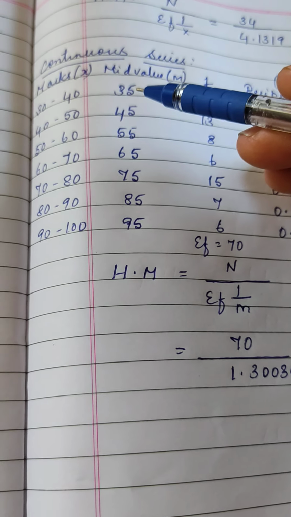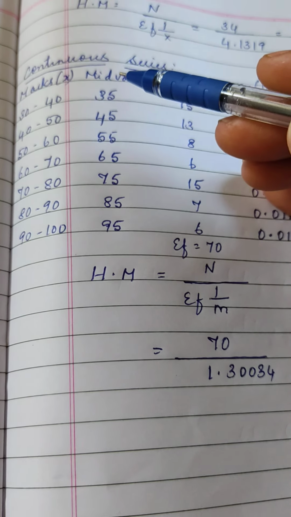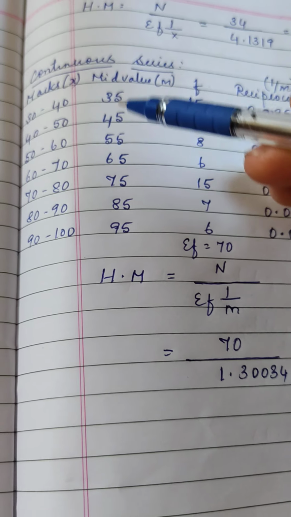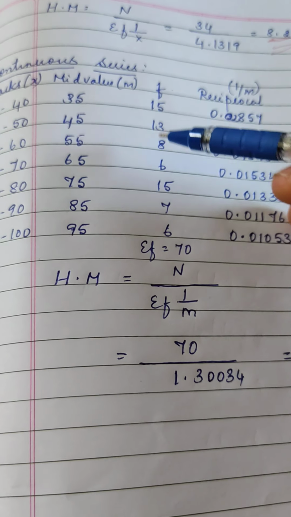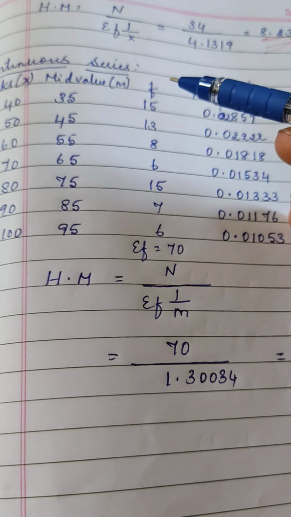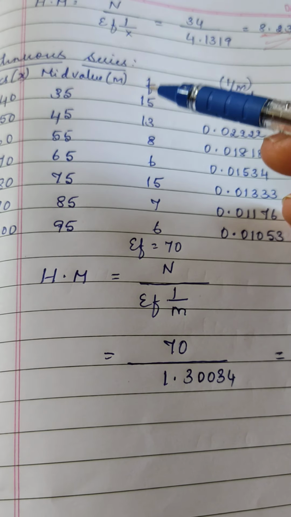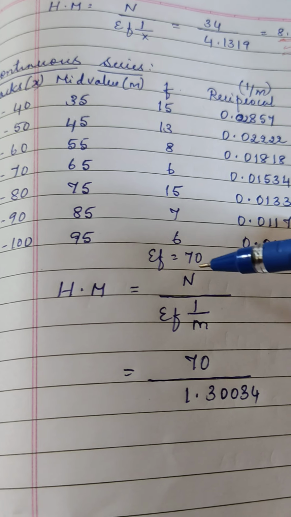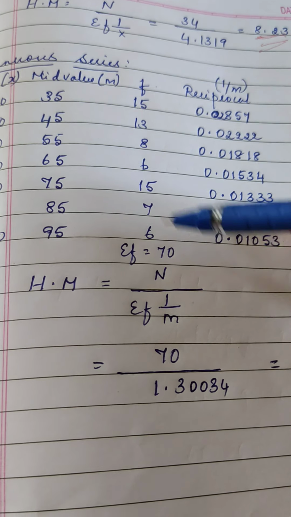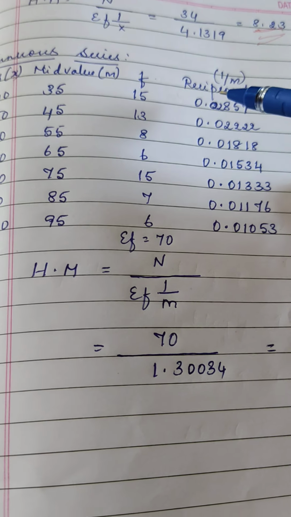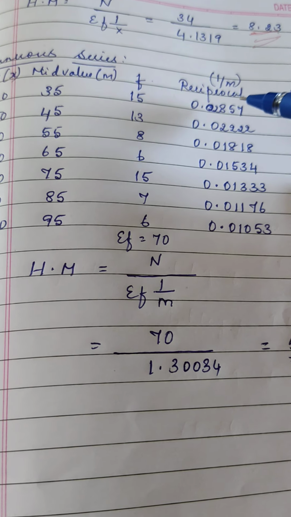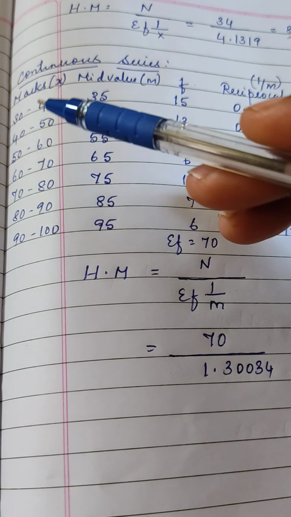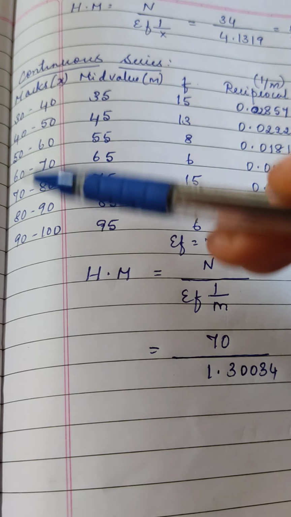It is calculated here. You got the mid value m. These are the mid values and this is the frequency. If we total the frequency, you get the n value. So n is 70 here. Then we have to find the reciprocal. Usually we do 1 by x, but here x is a range, so we cannot do 1 by x.